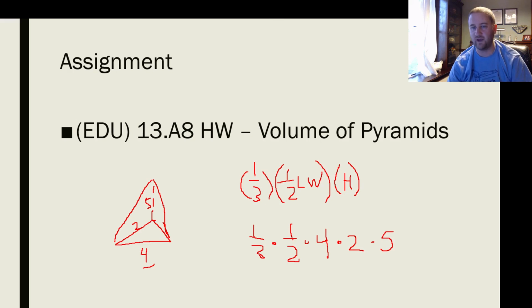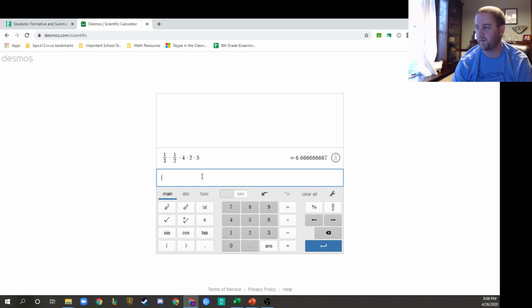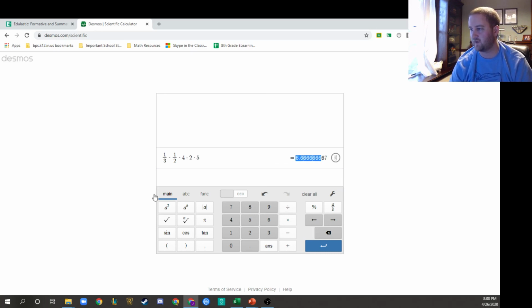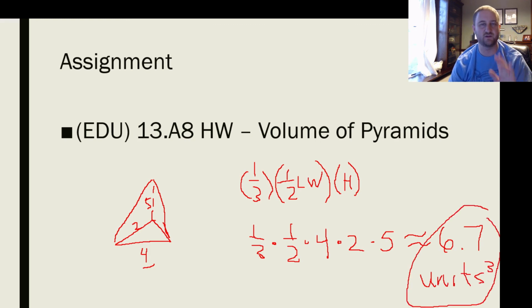Now we can plug that in, so we're going to do 1/3 times 1/2 times 4 times 2 times 5, and we get a volume of approximately 6.7, and that'd be units, whatever your units are, cubed. Okay, so it's just a matter of using the correct formula. You are going to see both triangular bases and square/rectangular bases in your assignment.